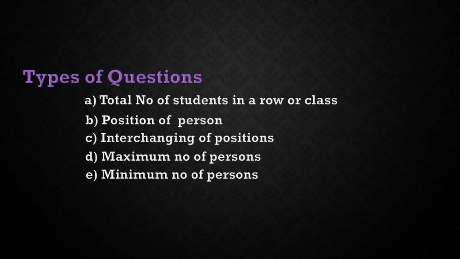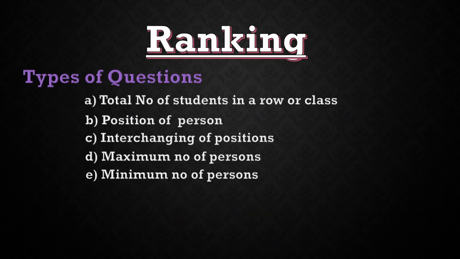So let us start with today's topic that is ranking. Under ranking, we have types of questions. First one you can see that is total number of students in a row or class. Second question can be position of a person.